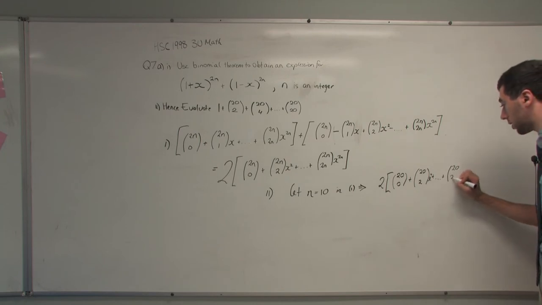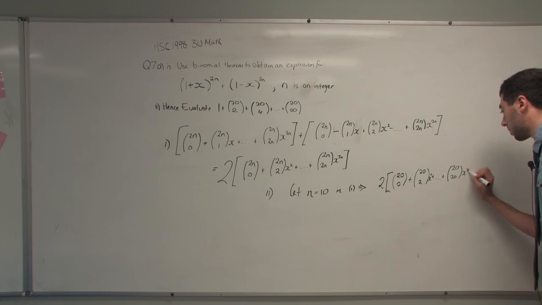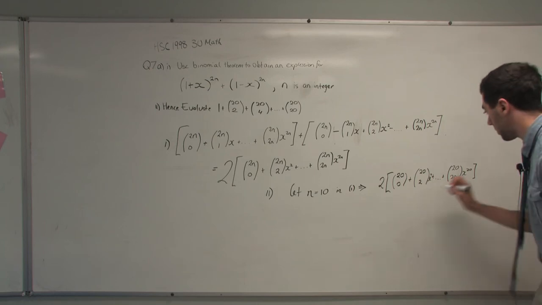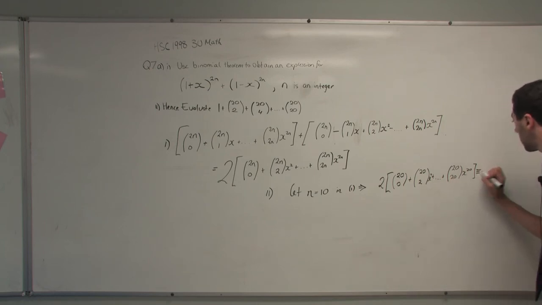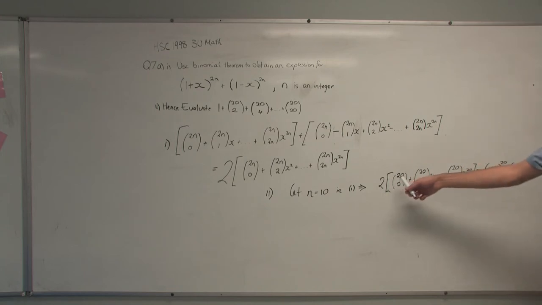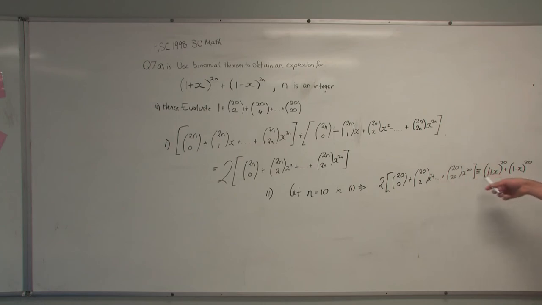And what we also learned from part one is that this is equivalent to (1 + x) to the 20 plus (1 - x) to the 20. So what we've learned is that 2 times (20C0 + 20C2 x squared all the way up to this term) is equal to (1 + x) to the 20 plus (1 - x) to the 20.